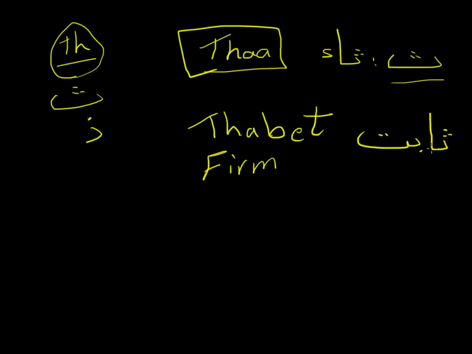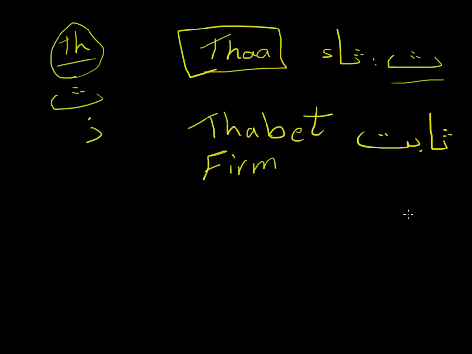So thabit, and ta is the end of the word. This is how it's written, with the connection line before it, or the way the letter is written alone. You add a connection line before it.